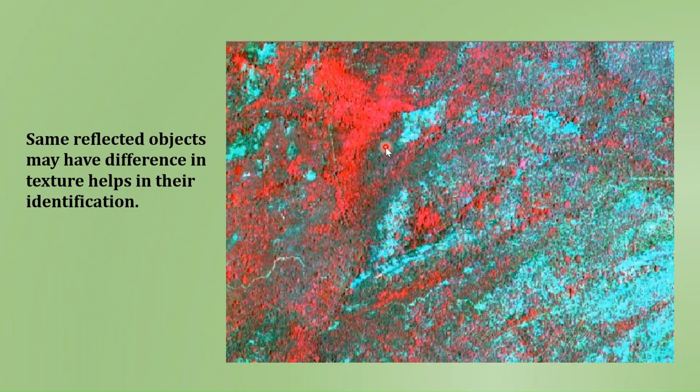This smooth reflectance may be because of the higher reflectance in the NIR, which may be because of healthy vegetation or dense canopy in this area, and this part has a coarse texture which may be because of the variation in the intensity of the reflected signal received by the sensor. So if there is very minor difference in the tonal variation, it will result in a smooth texture, while if there is major difference, it will result in a coarse texture.